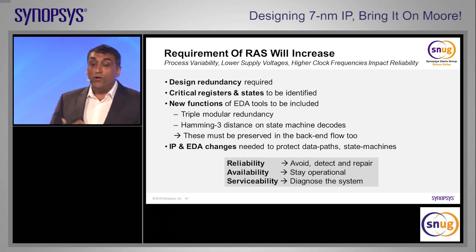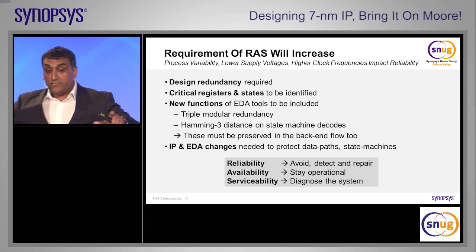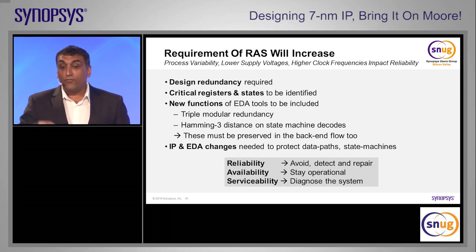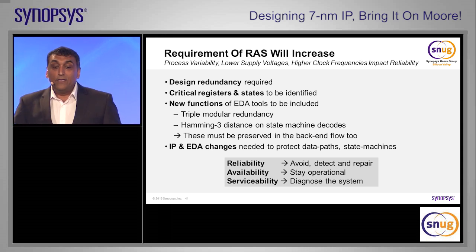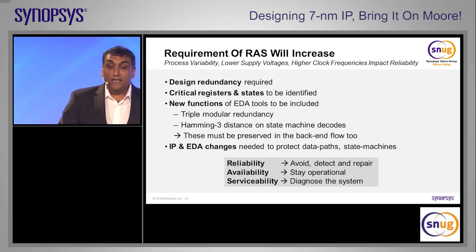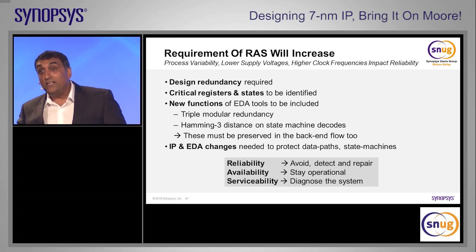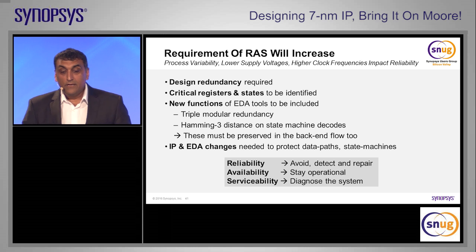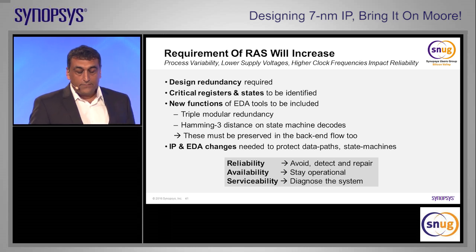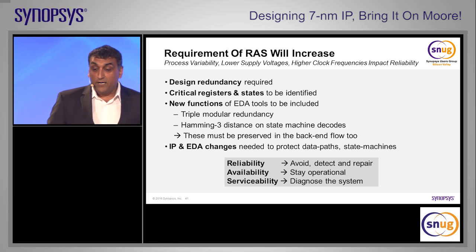So we're looking at new functions because of the redundancy and actual replication of the circuits that you're doing in RTL to solve the variability problem. You can add, through the tools, triple modular redundancy. You can look at Hamming 3-distance state machines. Not only at the RTL level, but this must be preserved in your back-end flow. So IP and EDA changes are needed to protect the data paths and state machines.